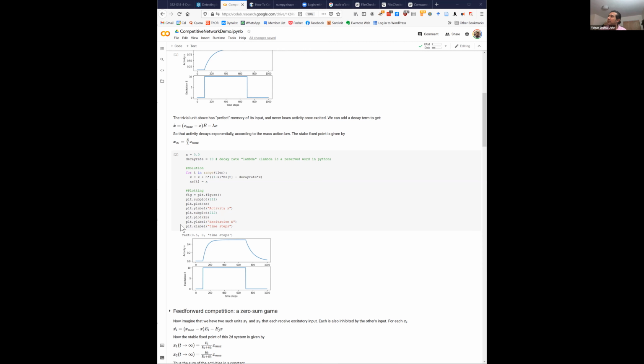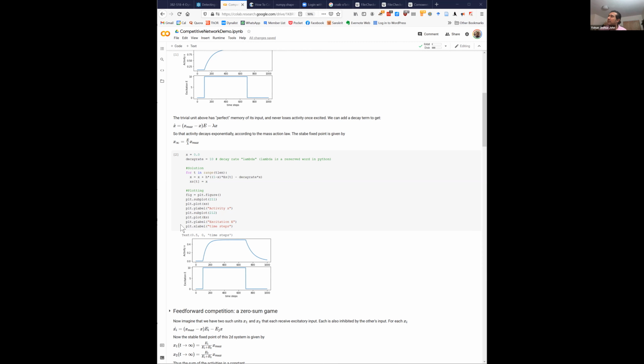So now we'll look at this zero-sum game. Well, the sum is one, but basically, this is the pure feed-forward network that I drew, where the inputs cross each other.